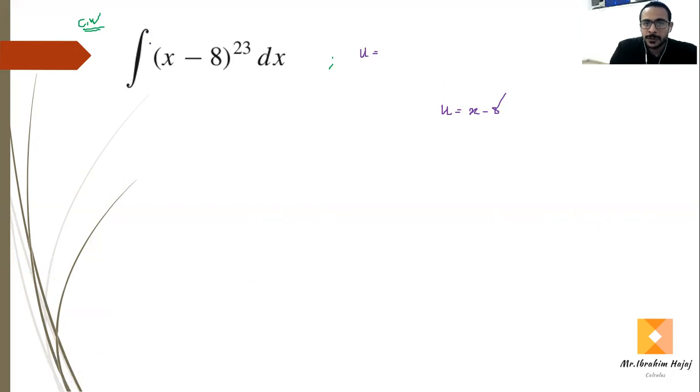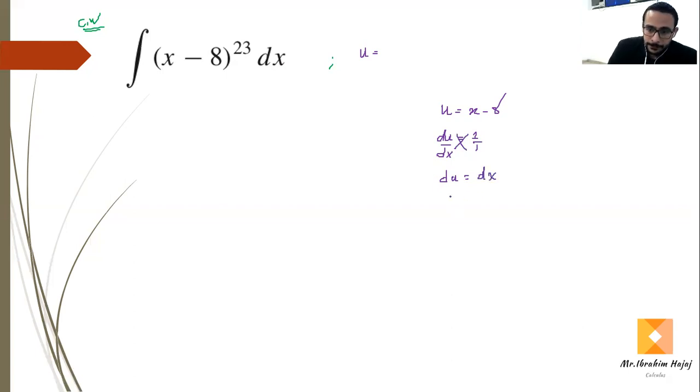Sometimes the question gives you the value of u. Right, and du over dx equals 1 only. Then du equals, by cross multiplication, dx, since it has a denominator of 1. When we do cross multiplication, it gives us dx, right?